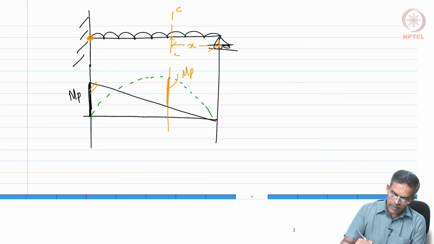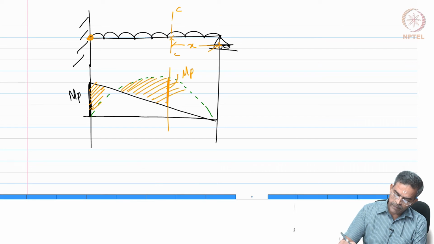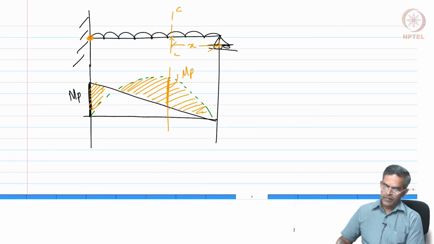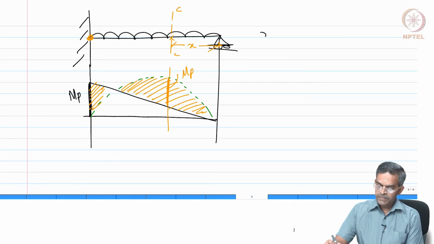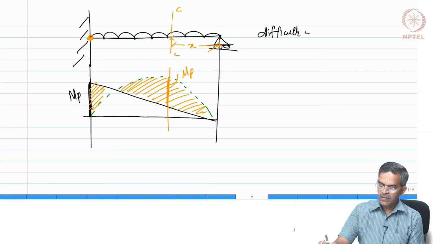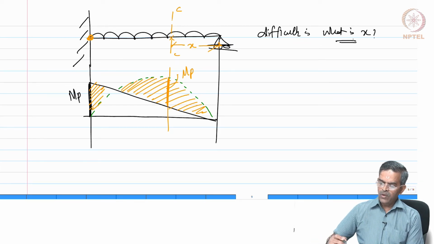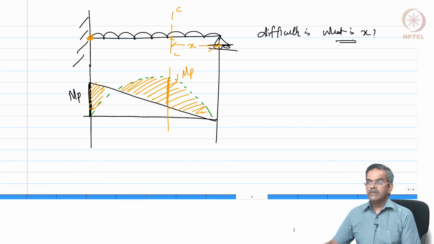So, this is the net bending moment diagram. But the difficulty is what is C or what is x? We do not know this, isn't it? So, the first job is to find out that.